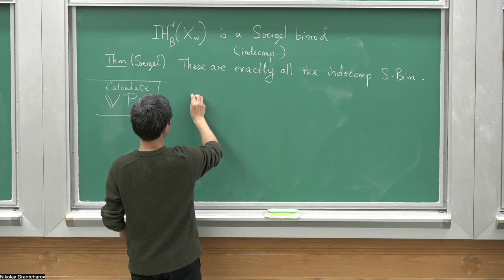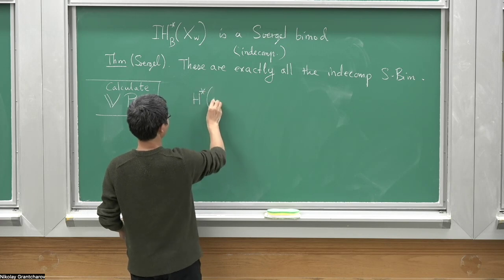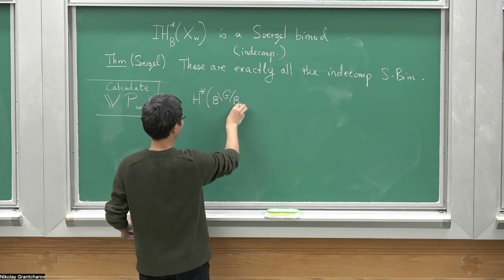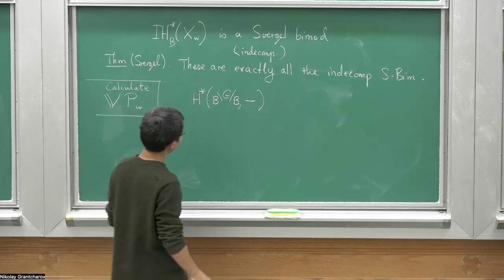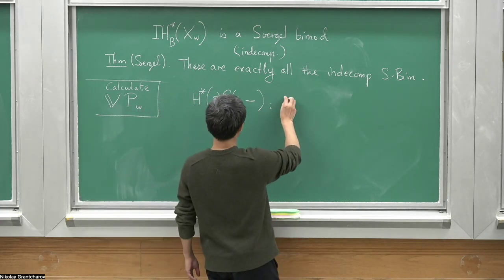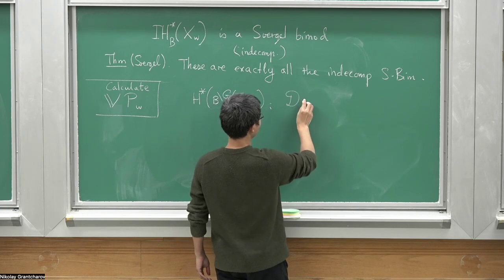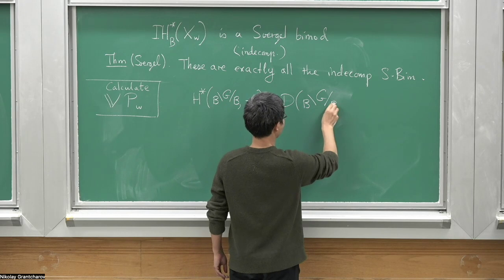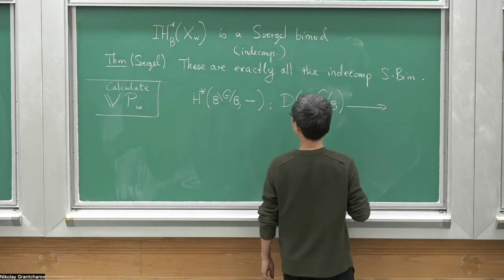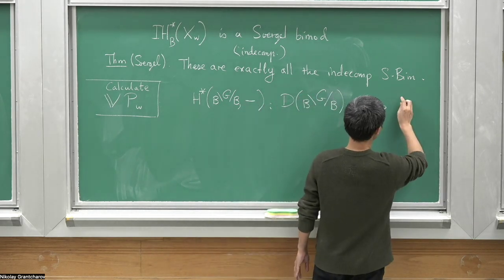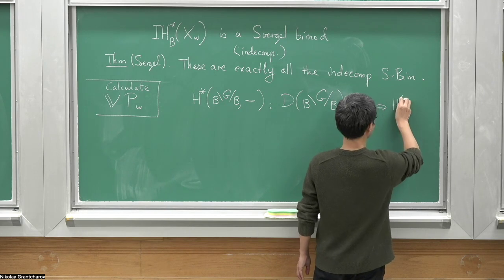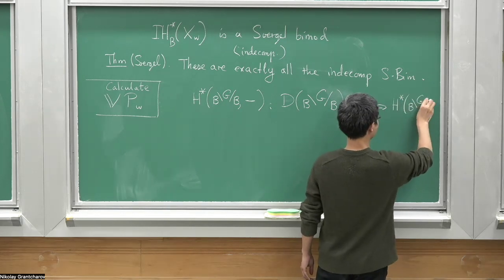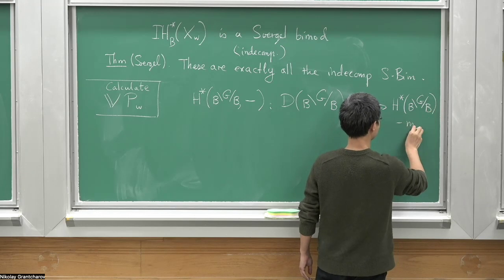I look at equivariant cohomology. So now it's an equivariant version. So it's now graded modules over equivariant cohomology of the flag variety.